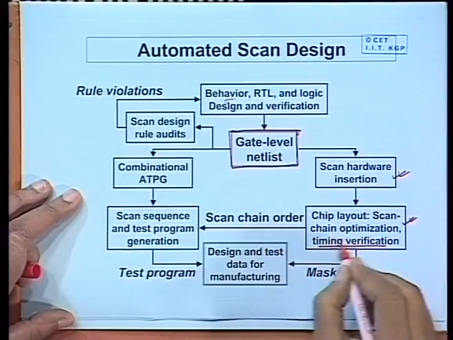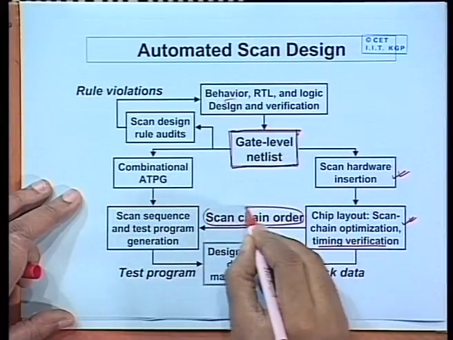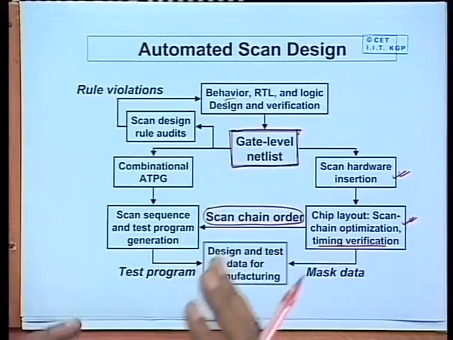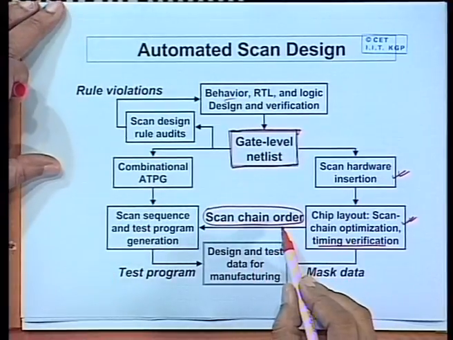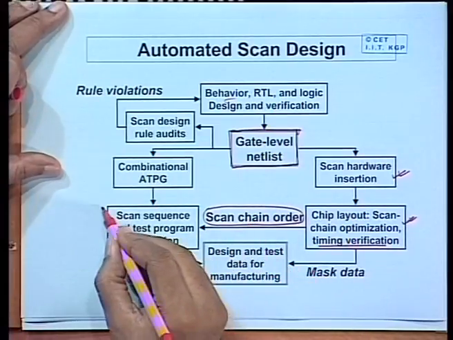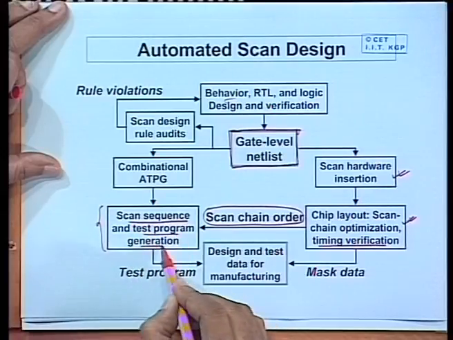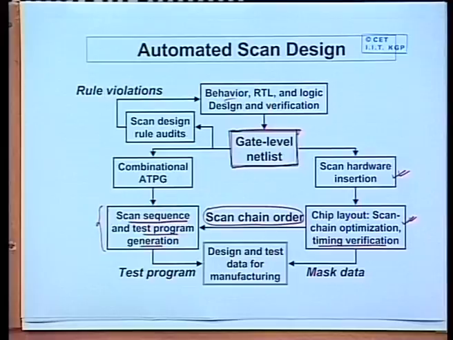Now, in order to do the scan chain optimization, a process called scan chain ordering is done. We are not going into the details of this. So, some sort of an ordering of scan chain may be required. Depending on the scan chain order, you now generate something called scan sequence and test program generator. These are the actual patterns which will be given to the automatic test equipment. So, the ATE will blindly apply these test patterns to the circuit. Okay.